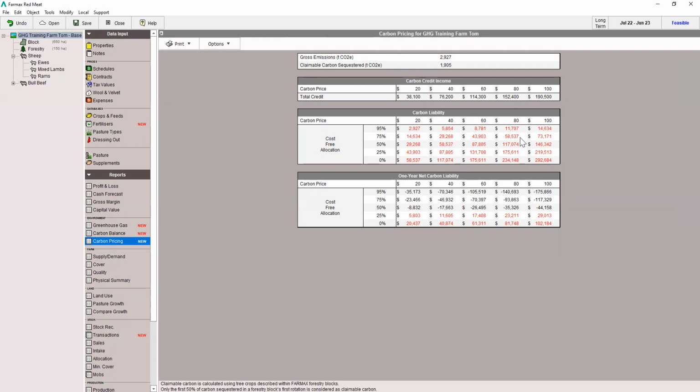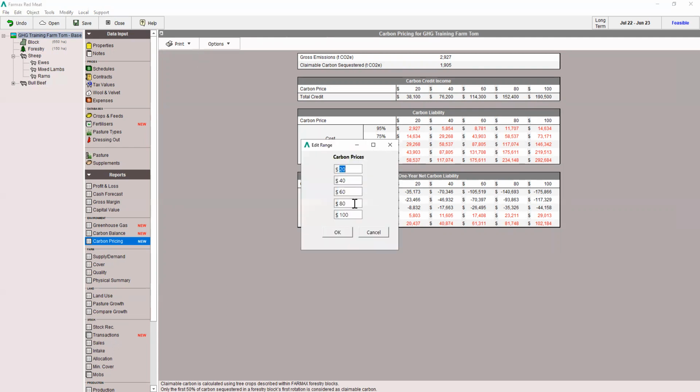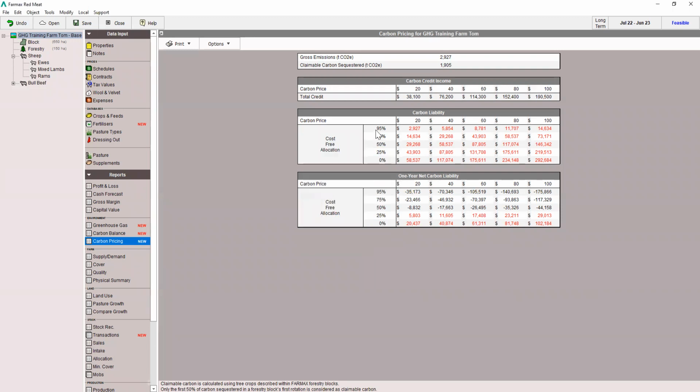The carbon prices shown in this table can actually be edited. So I can come up to options, set carbon prices, and put in my own range of different carbon price values to see how that changes the financials. And we also have a range of different cost-free allocations, depending on how much of a discount on that carbon liability that farmers are able to get.